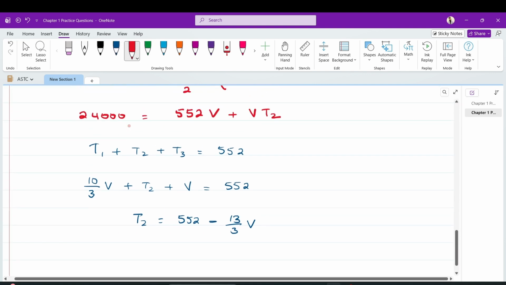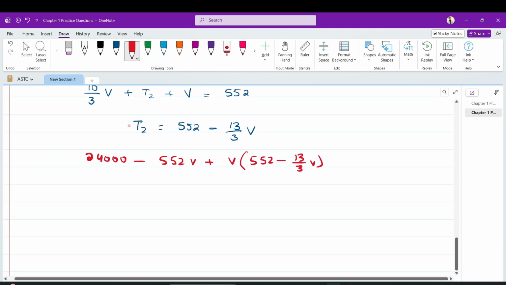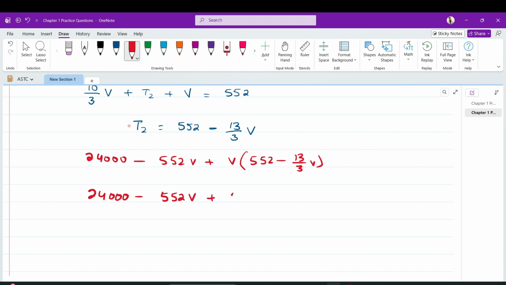Now substituting this back, I'm going to write this down as 24,000 minus 552v plus v times (552 minus 13 over 3v). So 24,000 minus 552v plus 552v minus 13 over 3v squared.